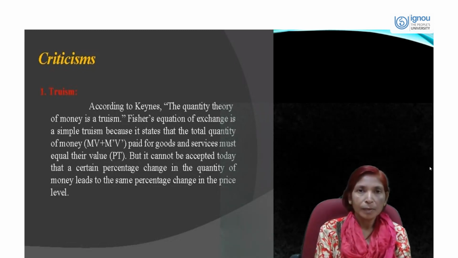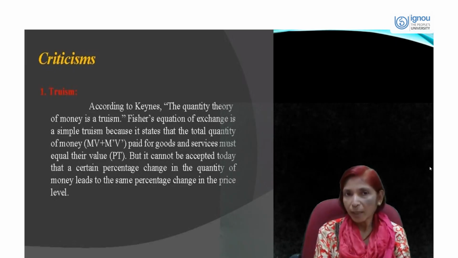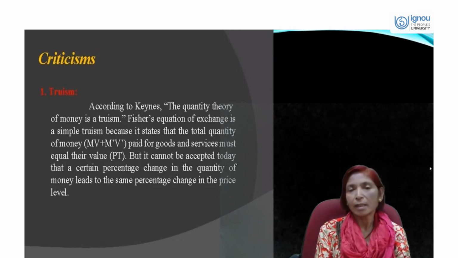It's true because Fisher assumed full employment, and at the level of full employment, we can't increase income, we can't increase output, we can't increase the employment level. If demand increases, then only price will rise, nothing else will increase.